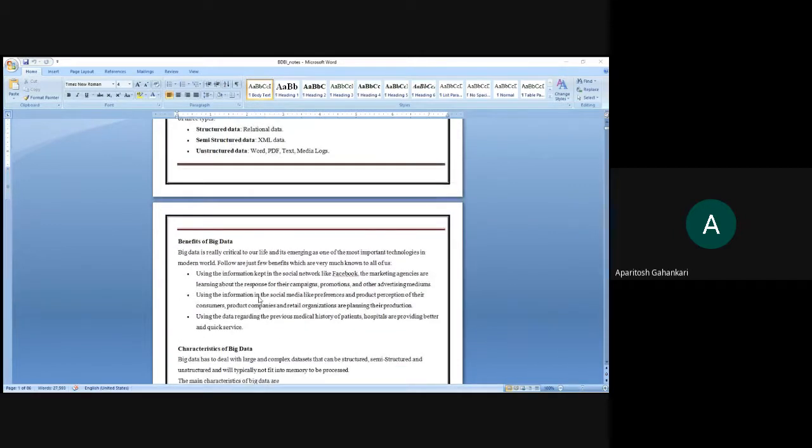Now, what are the benefits of using this new term or the new technology, that is big data? Okay, so we have seen that social media is generating a huge amount of data, and you can use this social media to target a particular customer.